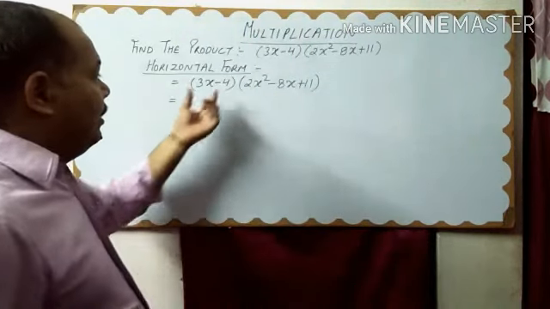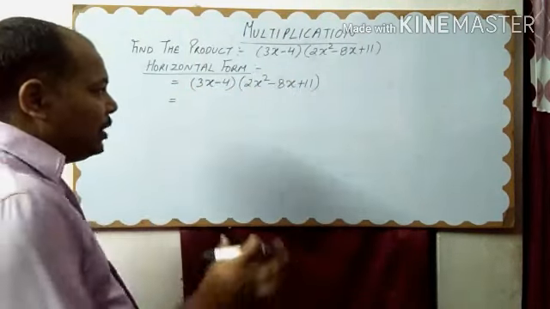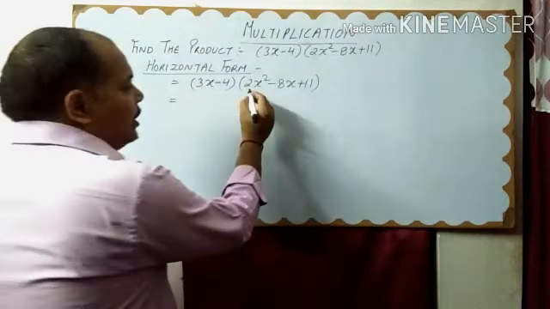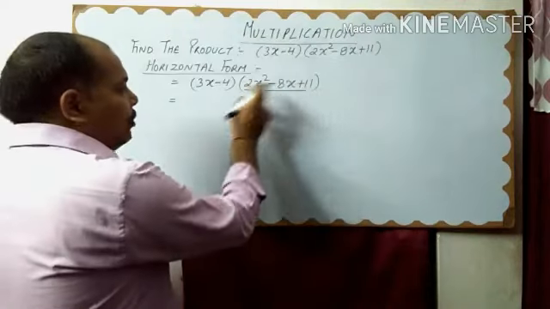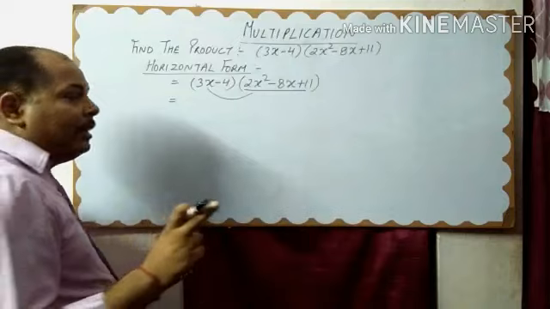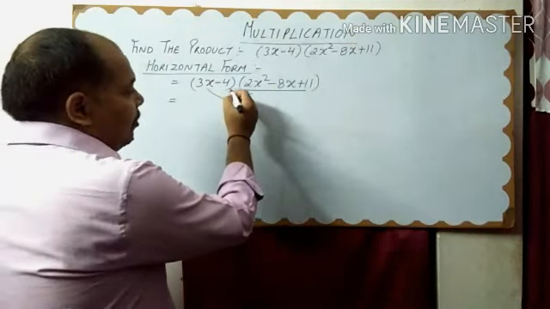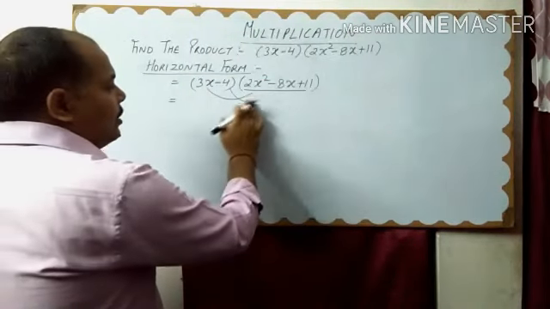Here 2 terms are there and in this 3 terms are there. So first we multiply this trinomial by 3x. Means first we multiply all the terms of this polynomial by 3x. After that we will multiply all the terms of this polynomial by minus 4. Clear? See here.